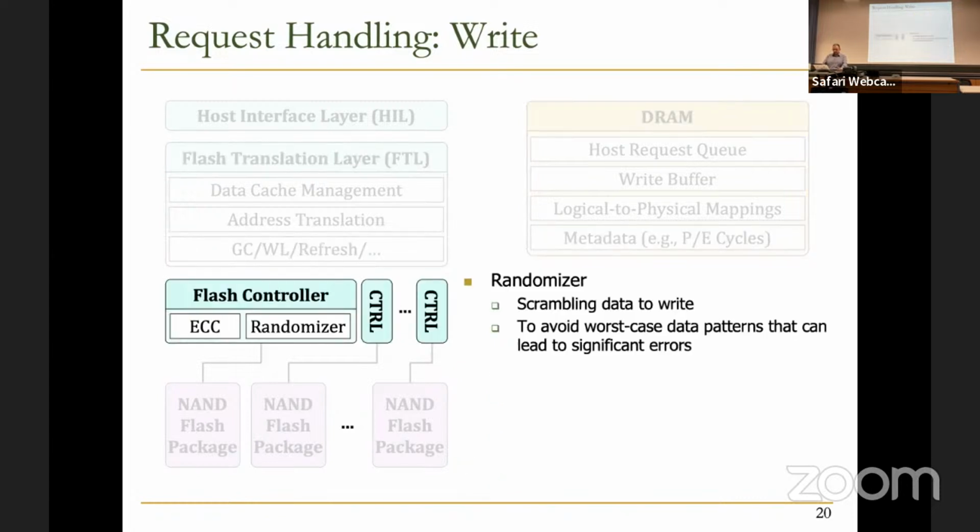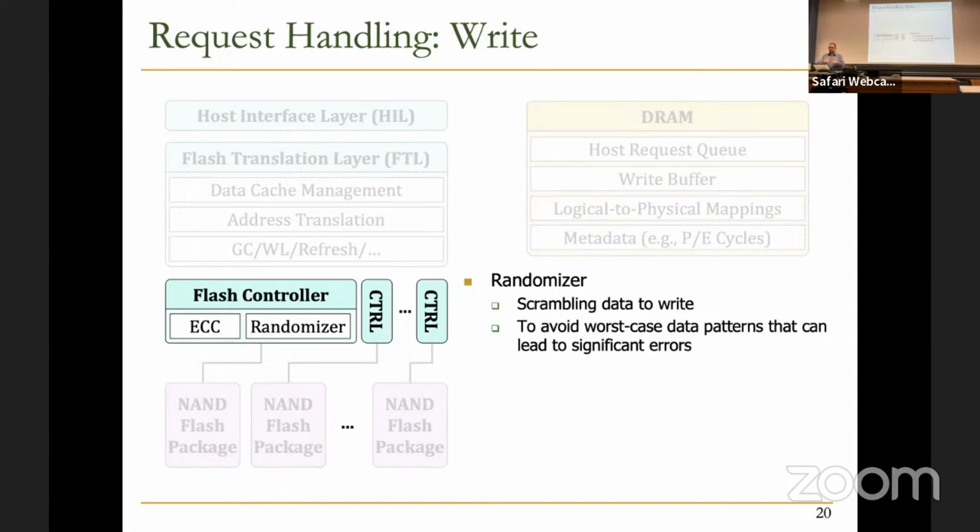Okay, and for the flash controller, so for a write, now you have your data and you send it to the flash controller. First, the flash controller tries to scramble the data to write. There is some key, and the flash controller's randomizer unit scrambles your data in order to avoid worst case data patterns. There are some data patterns, in the data that you want to write, that studies show can cause a lot of reliability issues. We will also show some of these studies tomorrow.